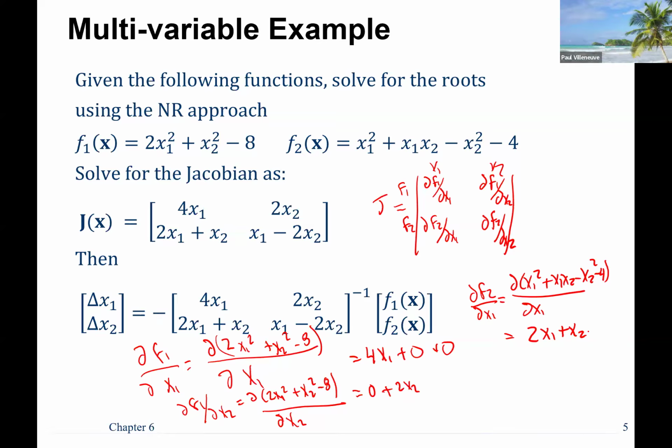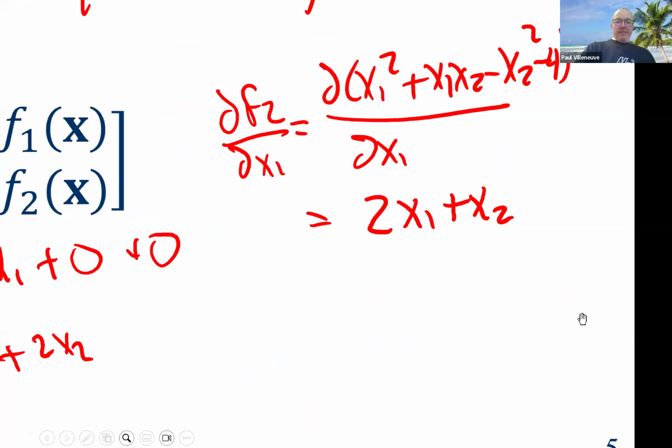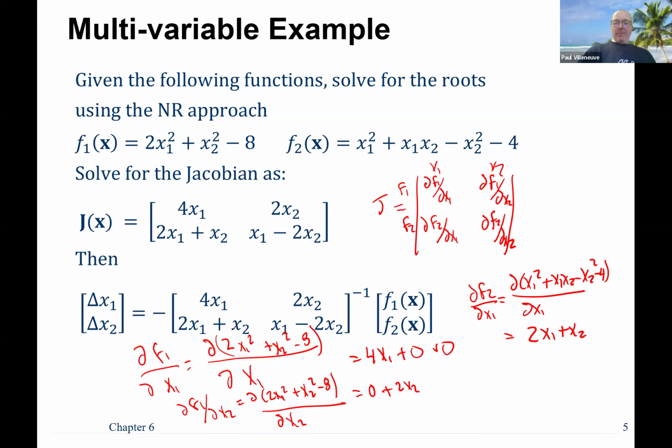Again, x2 is a constant when I'm taking the partial of that with respect to x1. So there is no change with x2. So I just take the partial of x1. I can factor it out and treat it as a constant. And then this is plus 0 and plus 0.